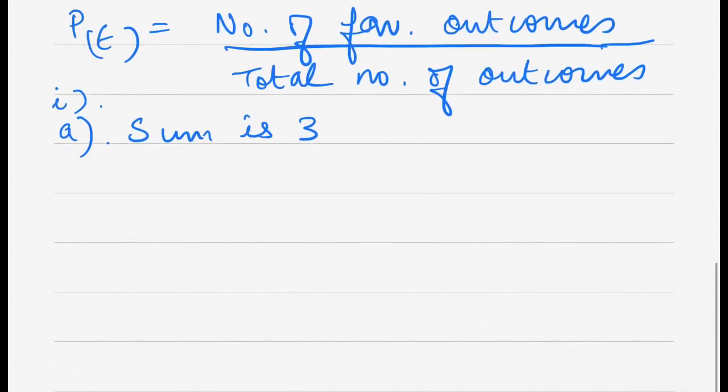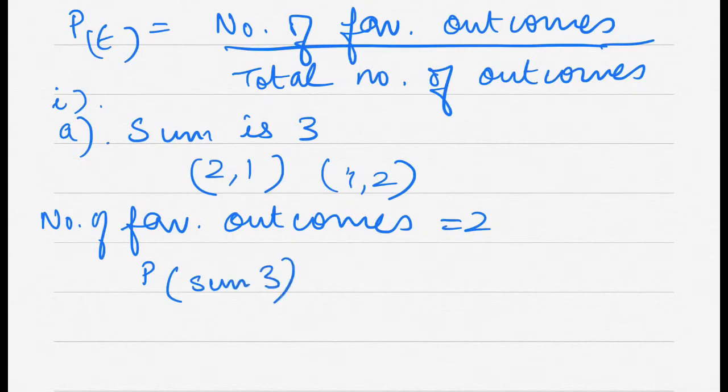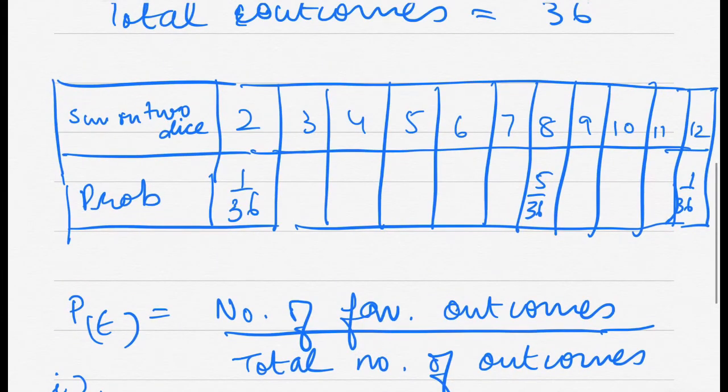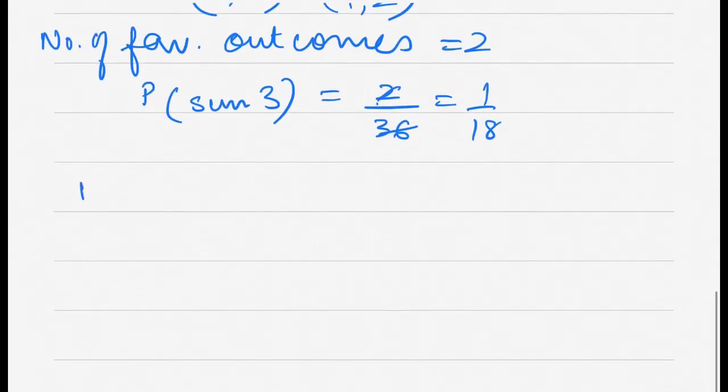So only these two: 2 and 1, and 1 and 2. So the number of favorable outcomes is 2 only, right? So the probability of getting sum 3 is 2 out of 36, which is equal to 1 by 18. So I can fill in the table with 1 by 18.